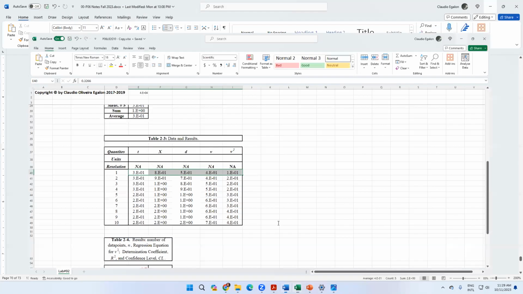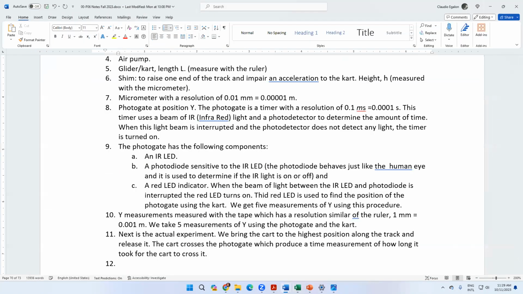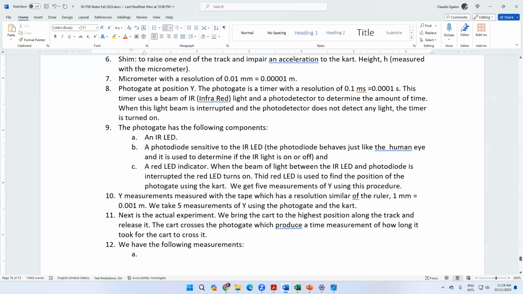Okay. So we have the following measurements, right? L, I'm gonna put everything here.